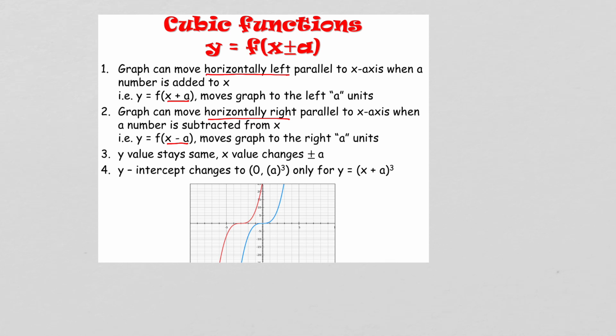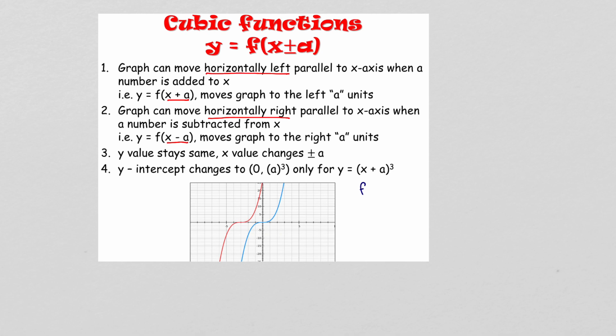the blue graph is f of x equal to x cubed. So we can see here, if I take this point, it's 0, 0. And I can see the graph has shifted to the left.